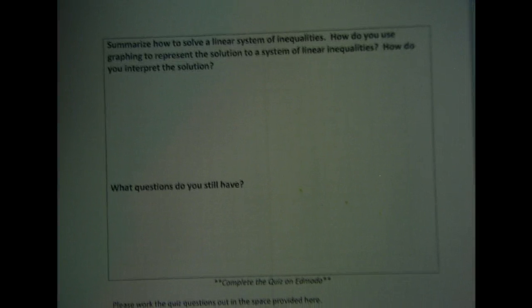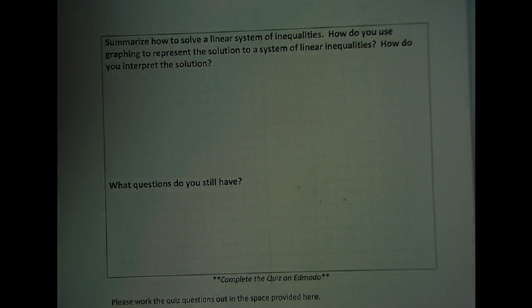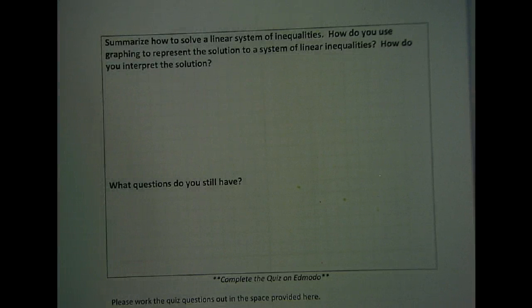All right, so what I want from you, I need you to summarize how to solve a system of linear inequalities, how to use graphing to represent the solution. That's something you can go back to your vocabulary and brush up there. How do you interpret the solution? What does that shaded region tell you?